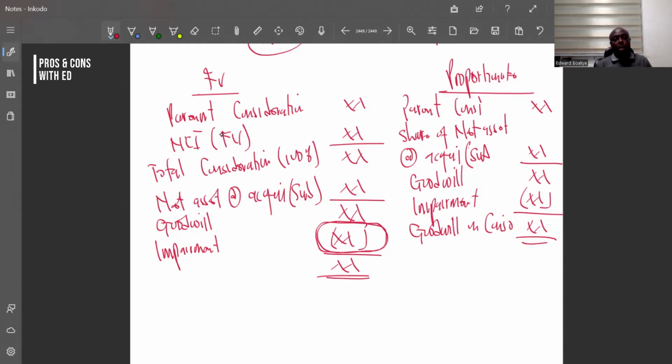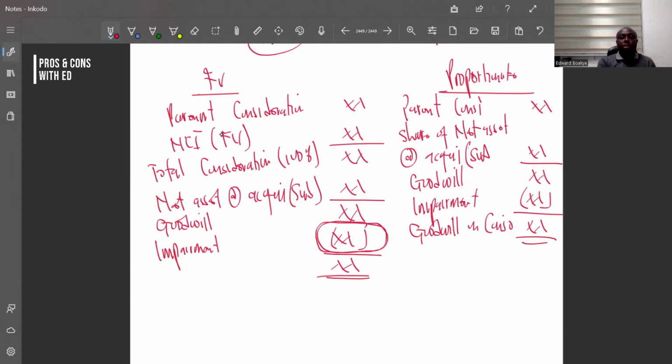So where there's impairment for fair value policy, we'll have to share it between the NCI and the group retained earning. But where we are using proportionate, then the impairment only belongs to the group retained earning, which is assumed to be the parent account.